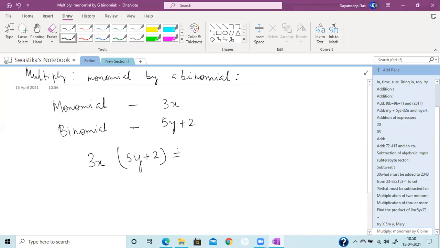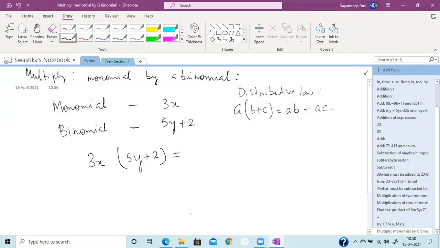For this you will have to use the distributive law, that is a into b plus c. You might have studied a into b plus a into c. This is called the distributive law. So use the law here.